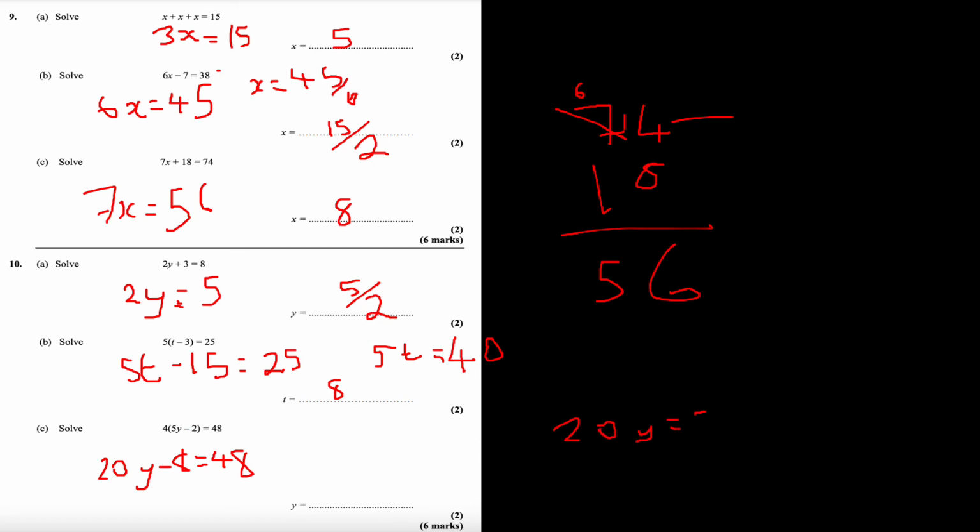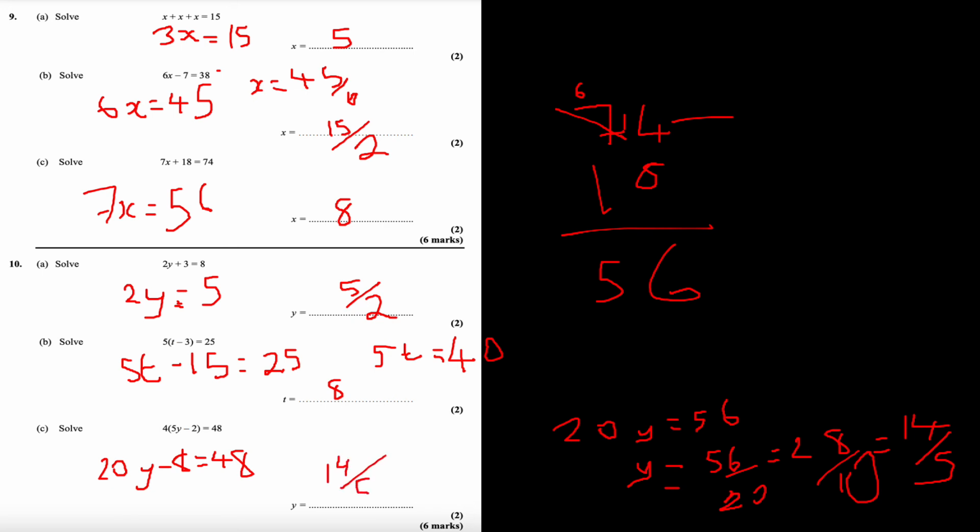Dividing both sides by 20 means that I get 56 out of 20, which can simplify to 28 out of 10, which can simplify further to 14 over 5. So dividing by 2, and then dividing by 2 again, I get 14 over 5. So the answer is 14 fifths, or equivalent.